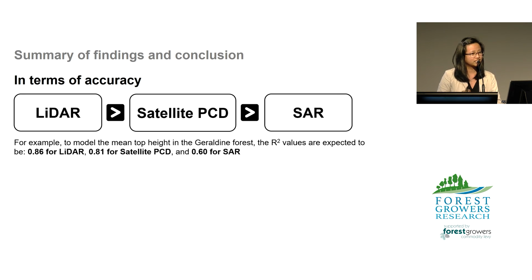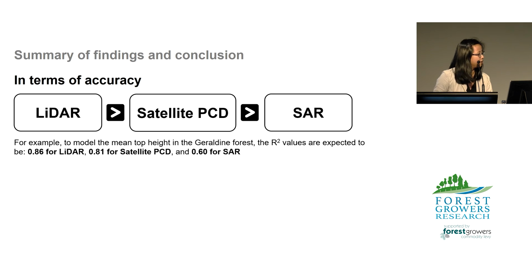And also, we shouldn't forget that SAR still has its advantages, being an active remote sensing sensor. It can capture data even in cloudy areas, and in both nighttime and daytime.